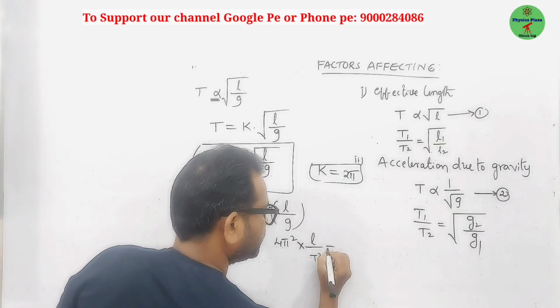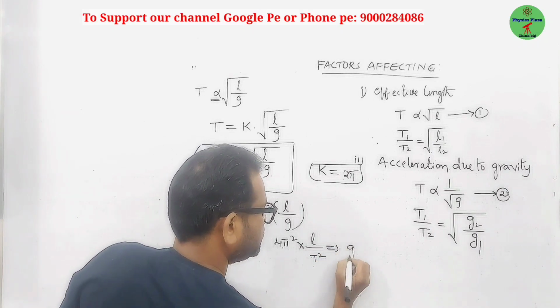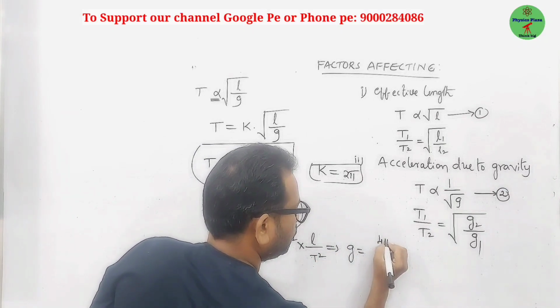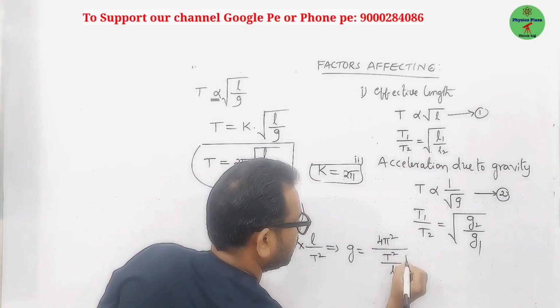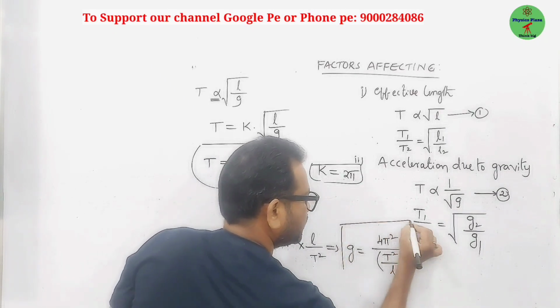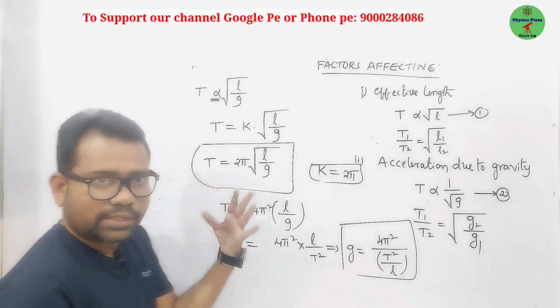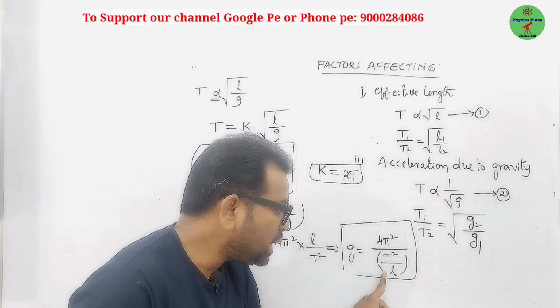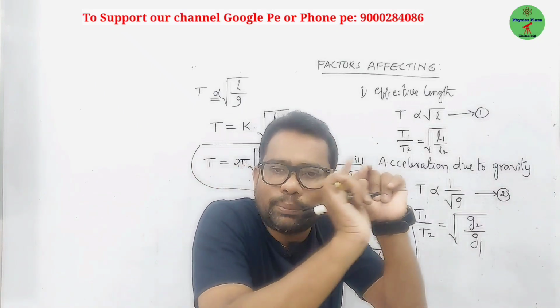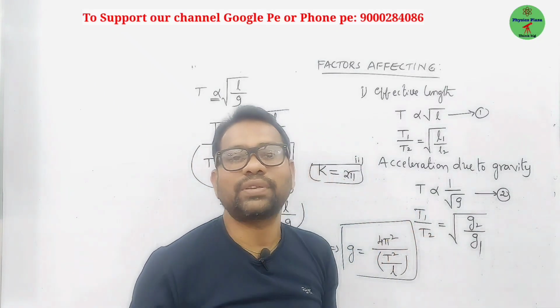Can I write it like this? G is equal to 4 pi square by T square by L. T square by L. Let us recall, before here I wrote something. Yes, the T square by L value. How to calculate it from that T square versus L graph is there here.